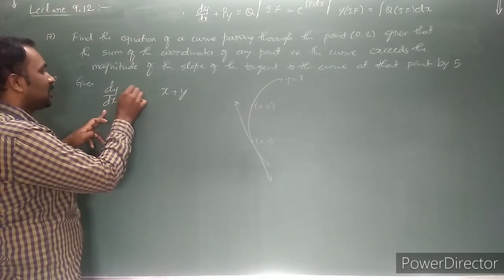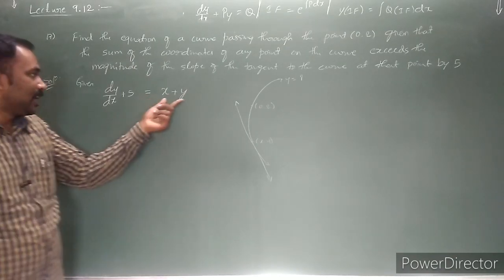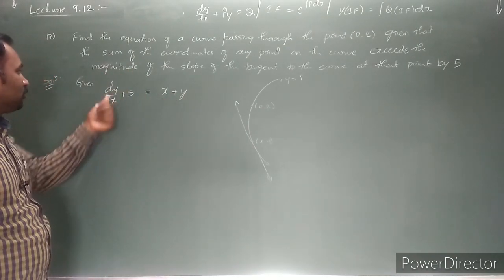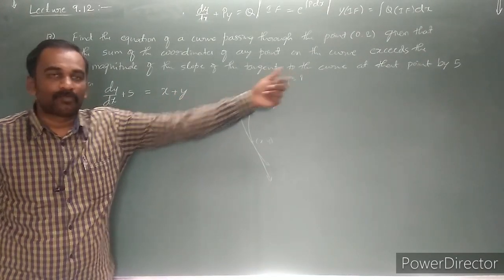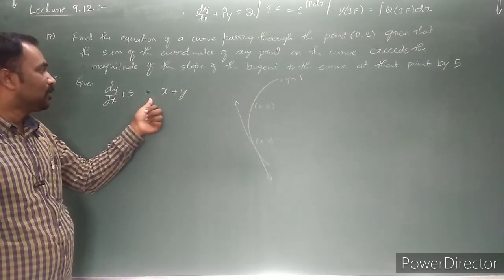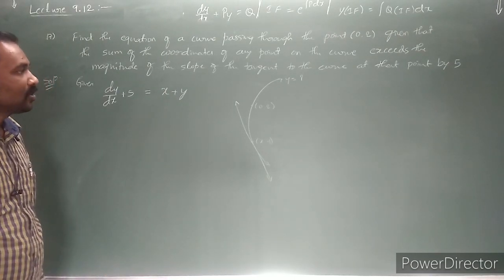That means I just write here: x plus y is equal to the magnitude of the slope of the tangent plus 5. So dy by dx plus 5 is equal to x plus y. This is the given condition.